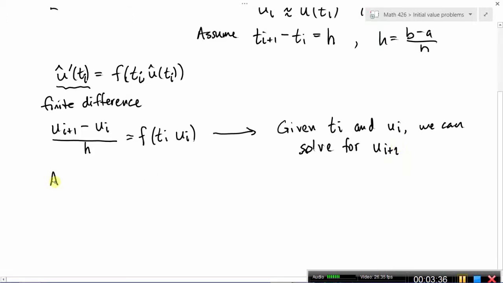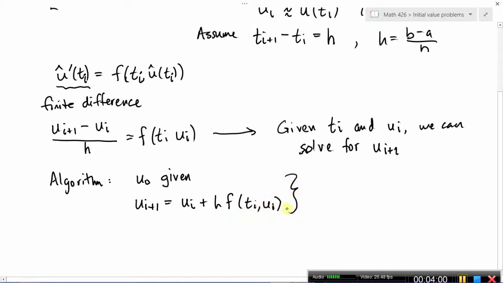So the algorithm is to let u0 be given, and then just rearranging that finite difference equation, ui plus 1 is ui plus h times f of ti, ui. Together, these form Euler's method.